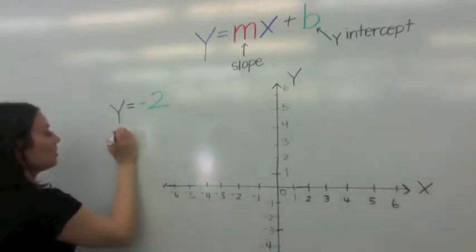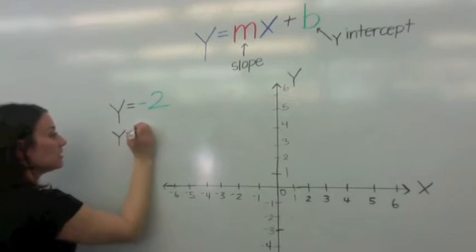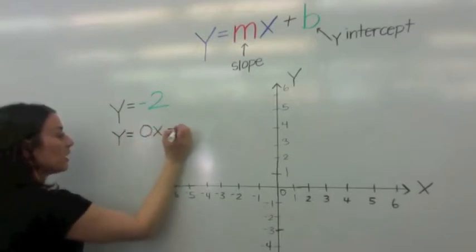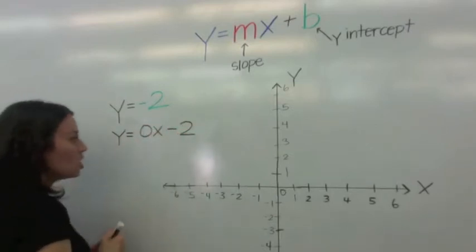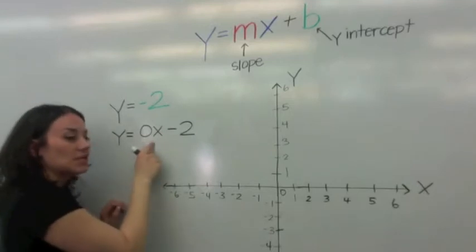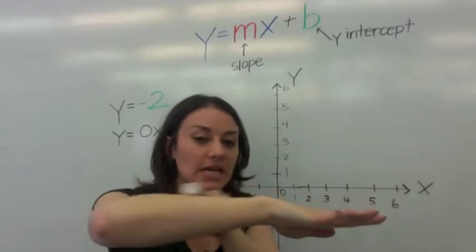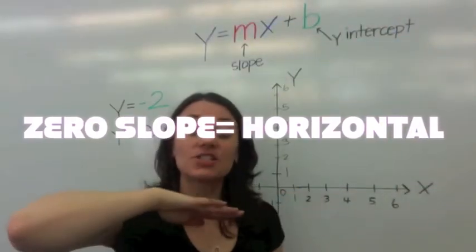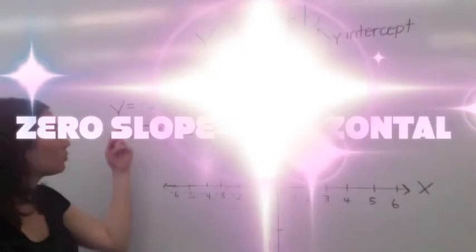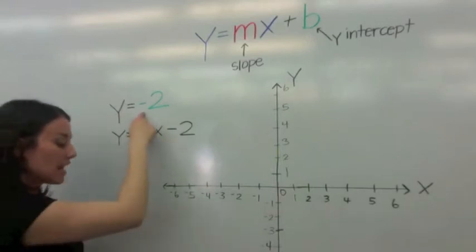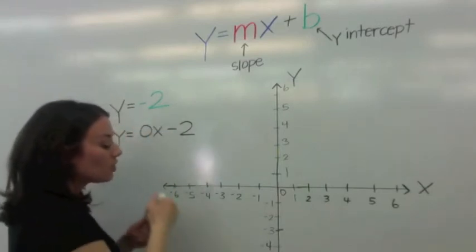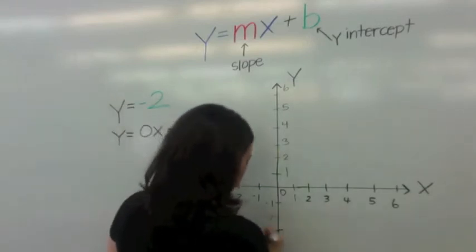Really, what this is telling you is y equals 0x minus 2, okay? So the slope here is 0. Do you remember this? 0 slope. It's what kind of a line? It's a horizontal line. And it's a horizontal line that goes through the y-intercept of negative 2. So your y-intercept is negative 2.